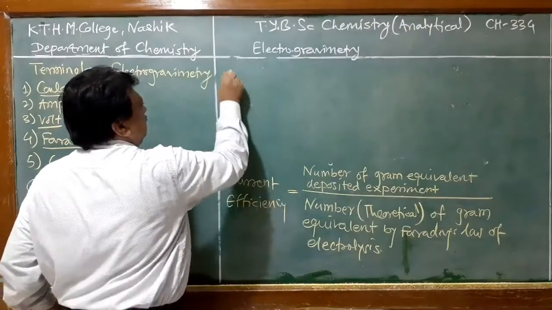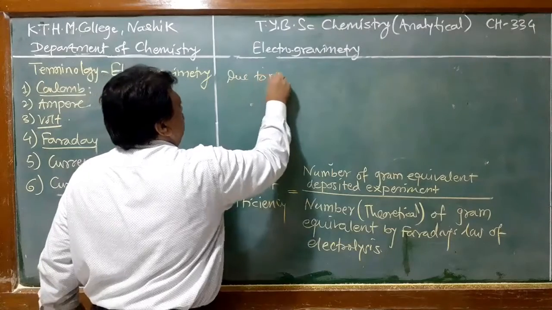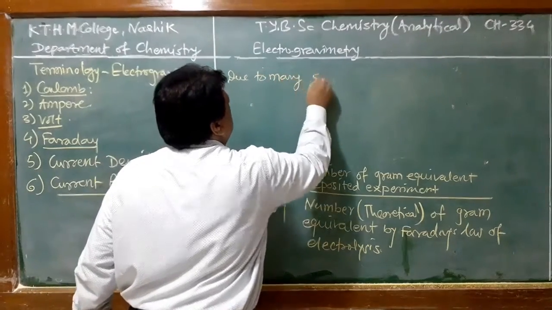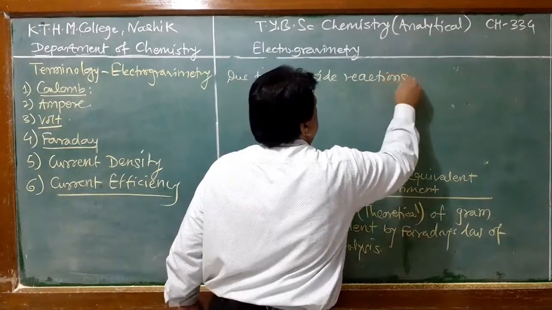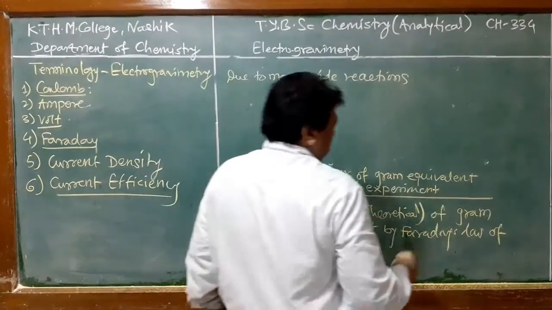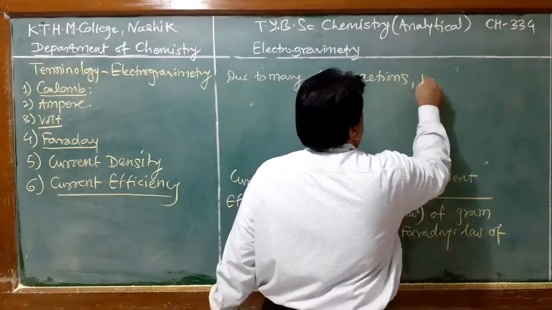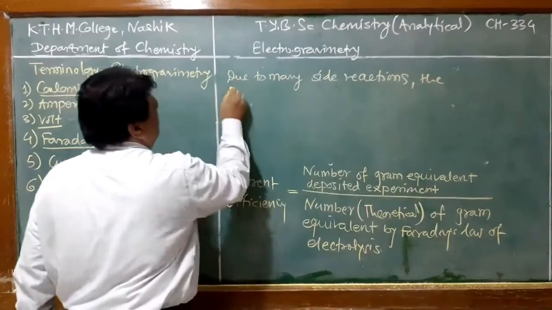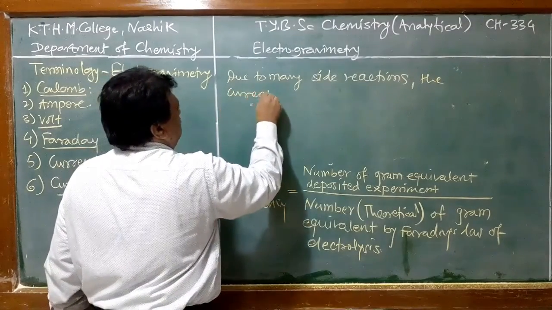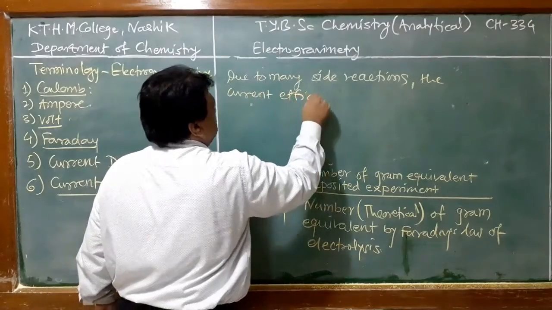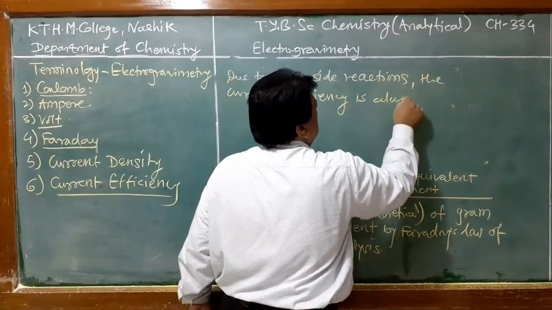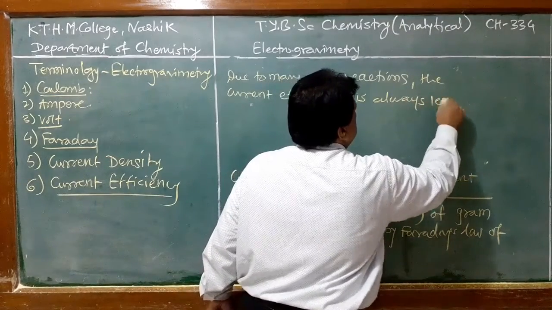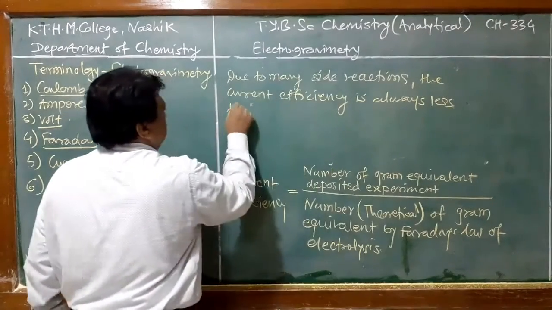Due to many side reactions in an electrolysis cell, the current efficiency is always less than 1.